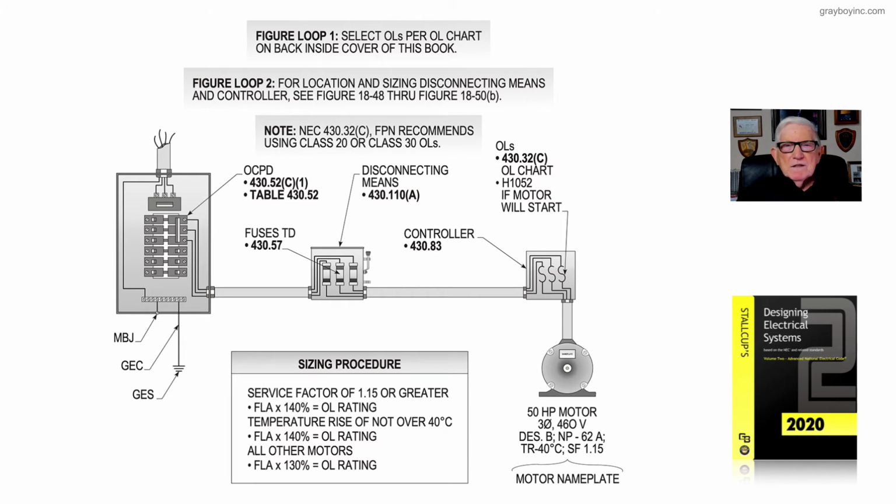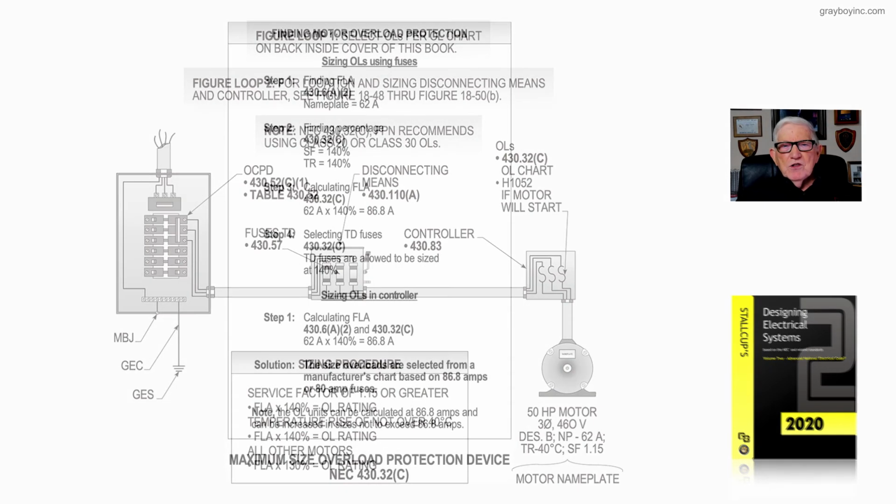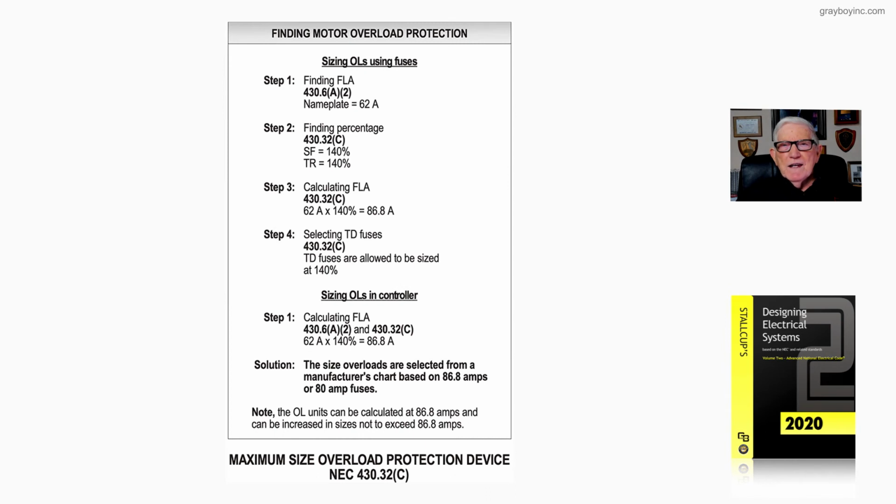But let's look at finding the motor overload protection using overloads procedure using fuses. Now notice step 1, 430.6A2 again, says use the nameplate, 62 amps. Now since 430.32A1 was giving us problems, we used the service factor of 140%, or the temperature rise of 140%, as explained in the figure 18-32 in more detail.